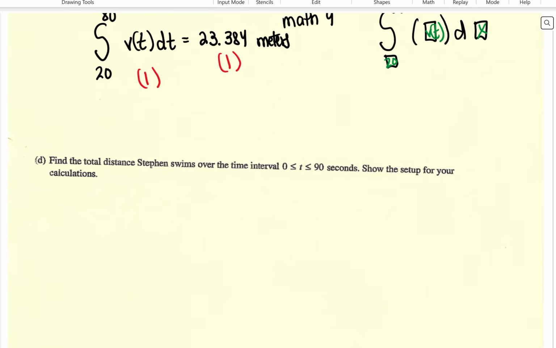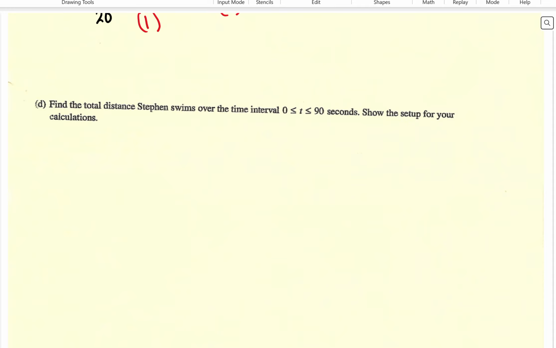Okay, the last one says find the total distance. All right, total distance means absolute value. You've got to use absolute value if you want the total distance. So again, we're going to integrate velocity to get the distance.